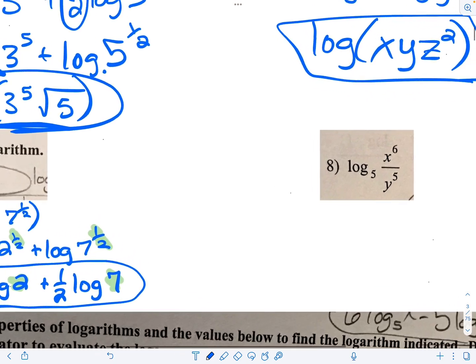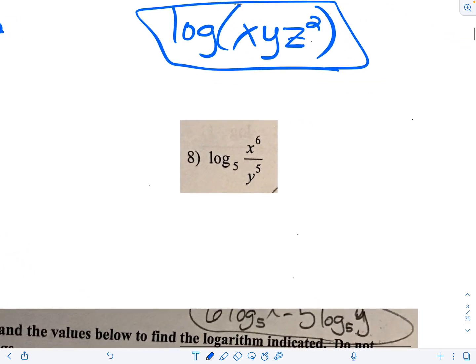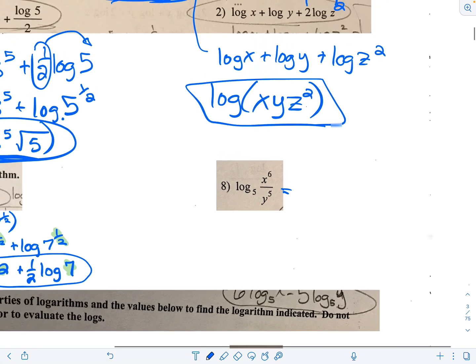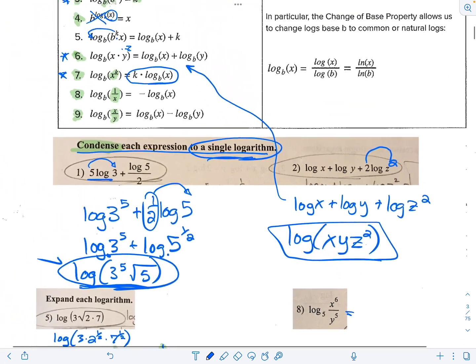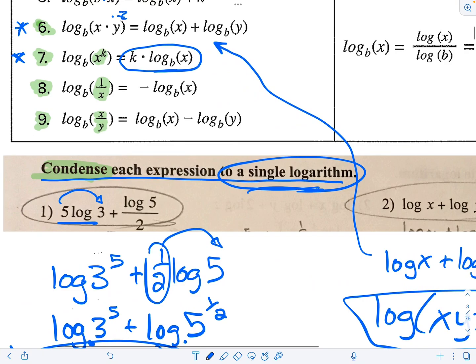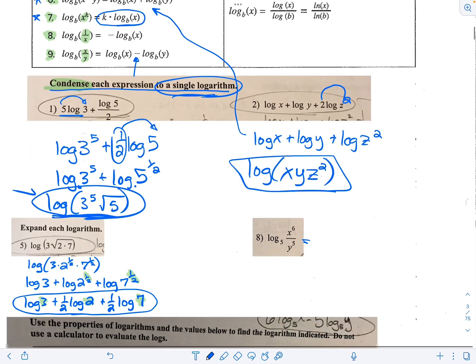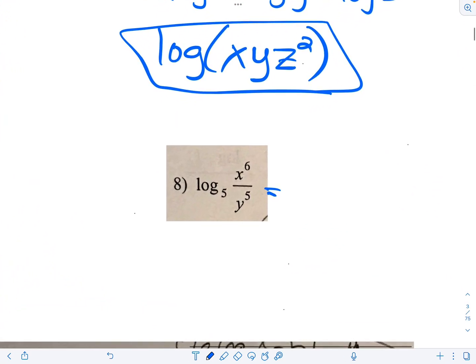Here's one to expand that is in a quotient. And when you have a quotient property, it is, let's check. If you have the log of a quotient, there's a subtraction sign in between the log of the numerator and the log of the denominator. So this I can expand to be the log base 5 of x to the 6th minus log base 5 of y to the 5th.